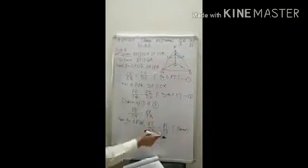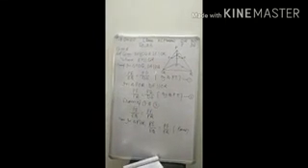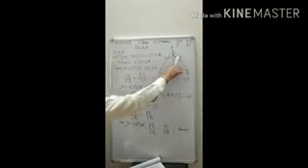It means these two sides are divided in the same ratio. Students, you have studied the converse of BPT, and that statement tells us that in a triangle, if two sides are divided in the same ratio, then the line joining the division points will be parallel to the third side.